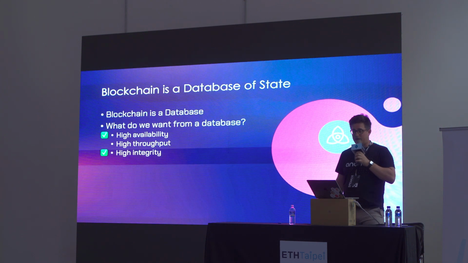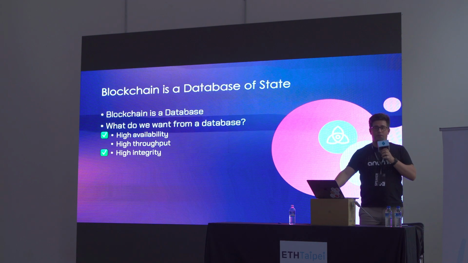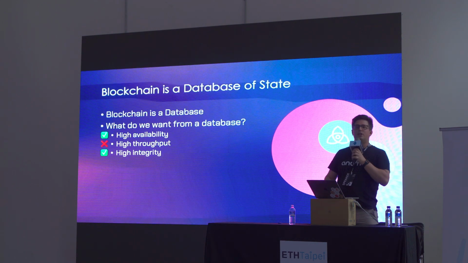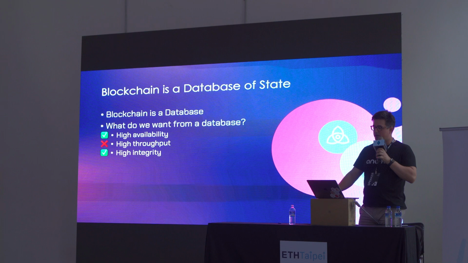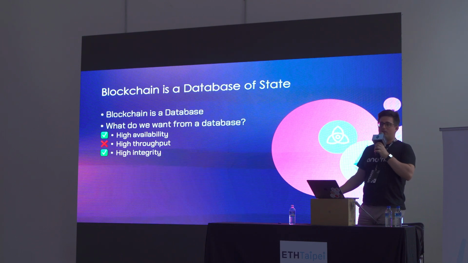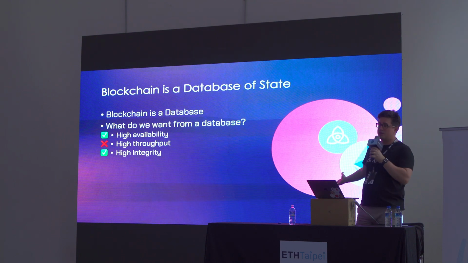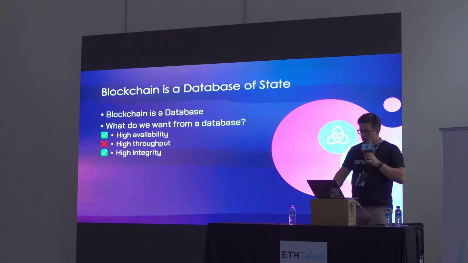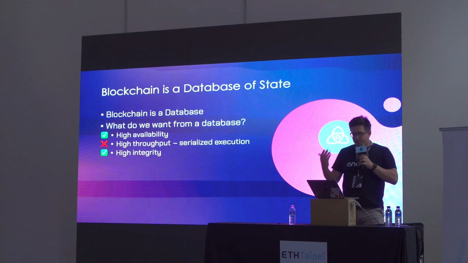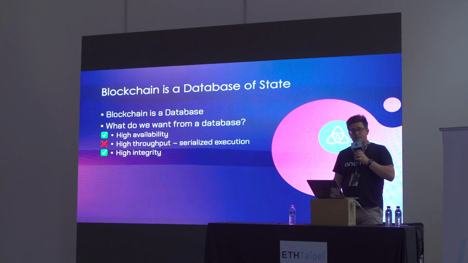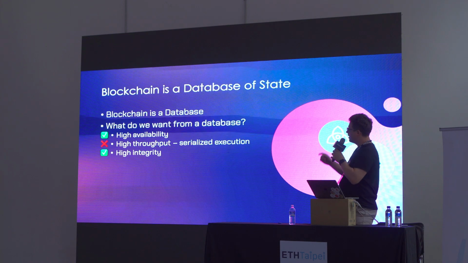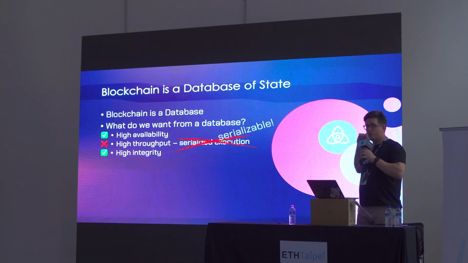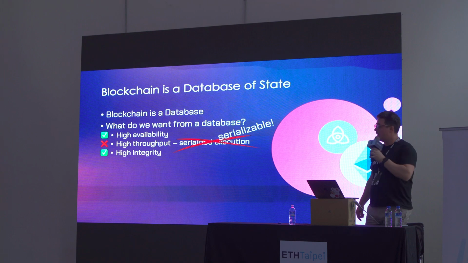We definitely have that. And we want to have high throughput. Unfortunately, we don't have that usually because most consensus algorithms, in particular the Ethereum consensus algorithm and Tendermint, for example, use serialized execution. So to overcome this, instead of serialized execution, we should do serializable execution.